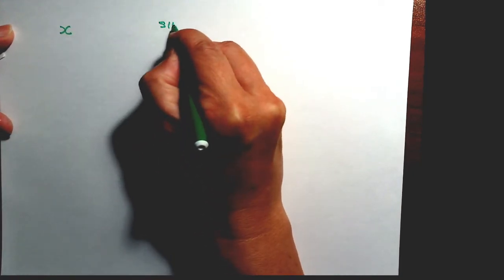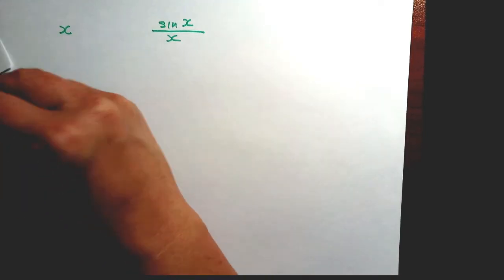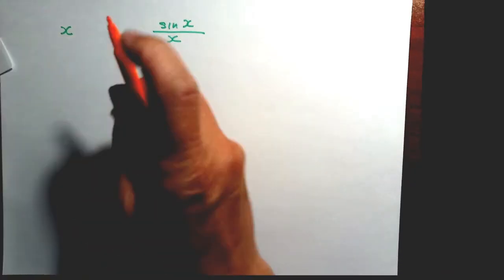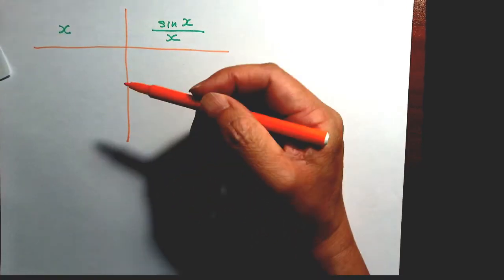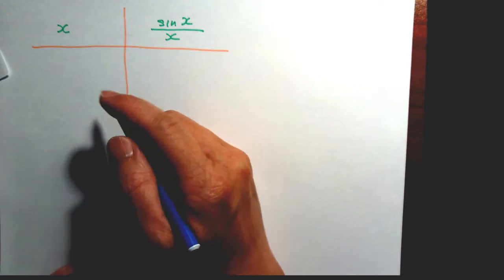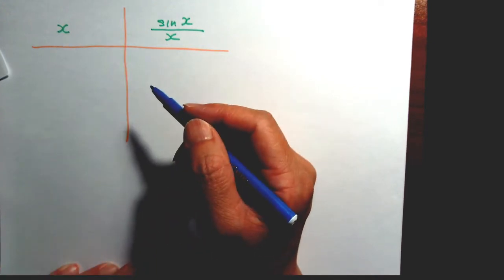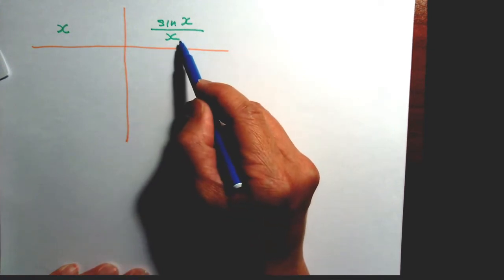So let this column be x and this column be sin x over x. And we'll do a small table right here. We'll choose some values which are very close to 0 and see how this function behaves.